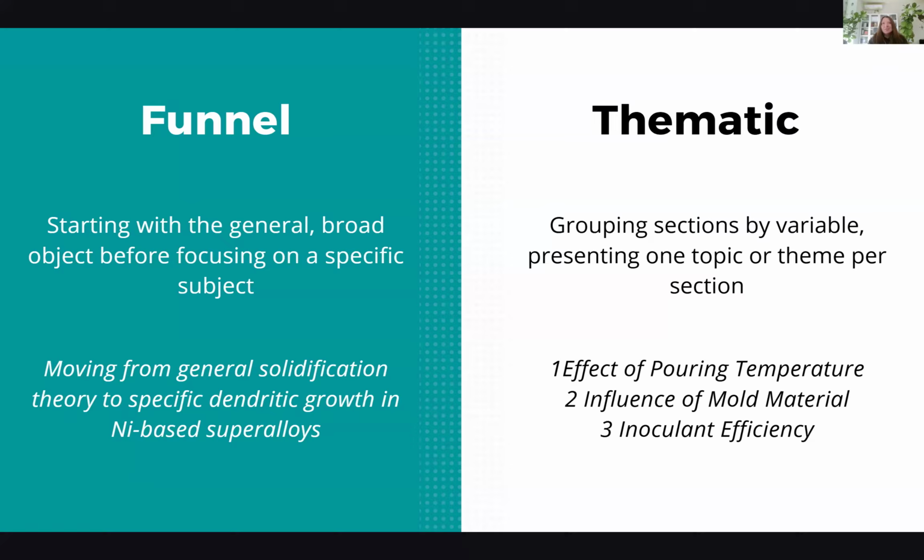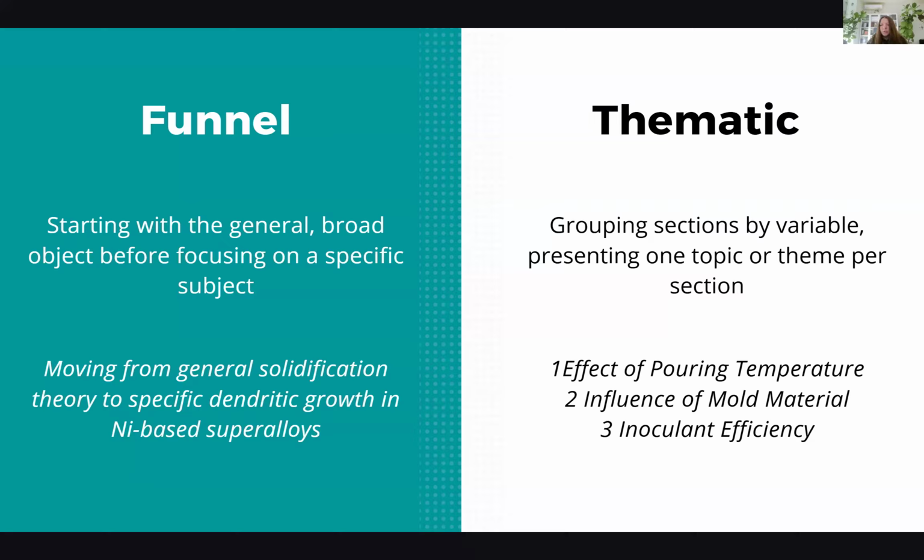And a thematic literature review is different because instead of going from the general to the specific, you just break it down into sections by variable or topic or theme, and you focus each section on a specific item, method, or anything else. Here's an example. First section would be the effect of pouring temperature.